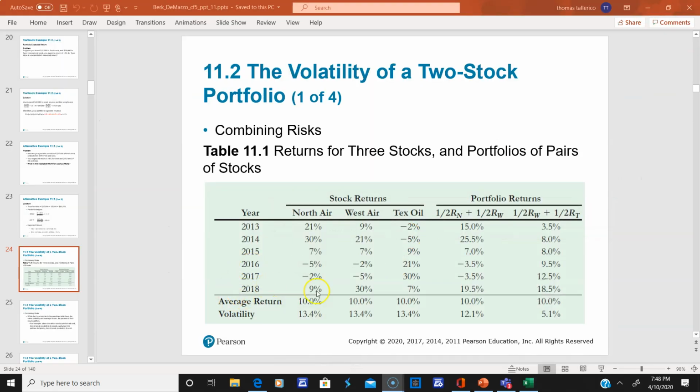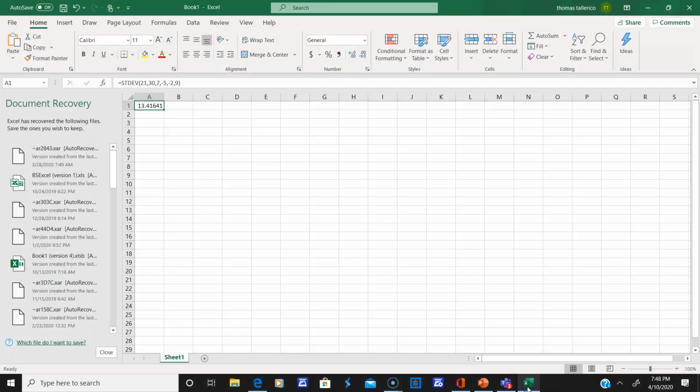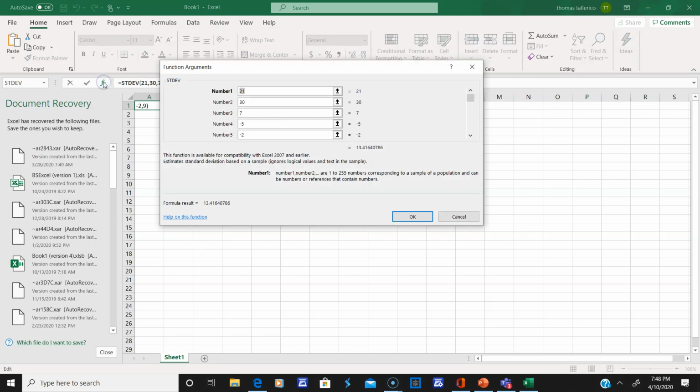Now you'll notice the volatility is 13.4%. So let me show you what function I used in Microsoft Excel. All right, so let me open this up. Now there's a function called STDEV, short for standard deviation. And we're going to use that to get the volatility.